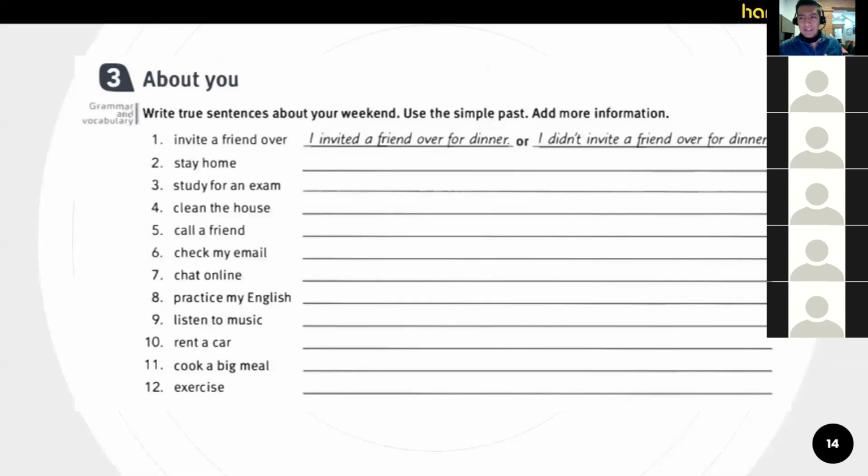Checketh, checked. Well, chatted, it is chatted. Practiceth, practiced. Listeneth, listened. Rented stays the same. Cooketh, cooked. Exercised, exercised. Okay.